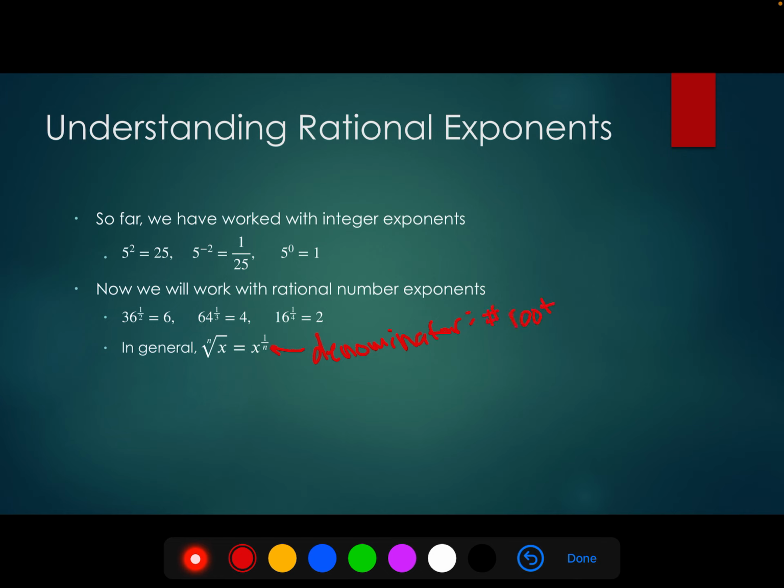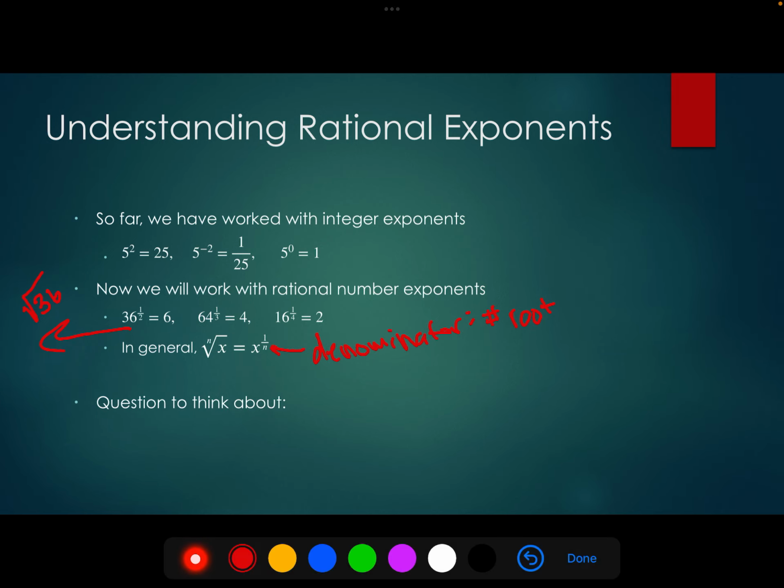Right, so the nth root is x to the 1 over n. And in this case, 36 to the 1/2 power is equal to just the square root of 36.